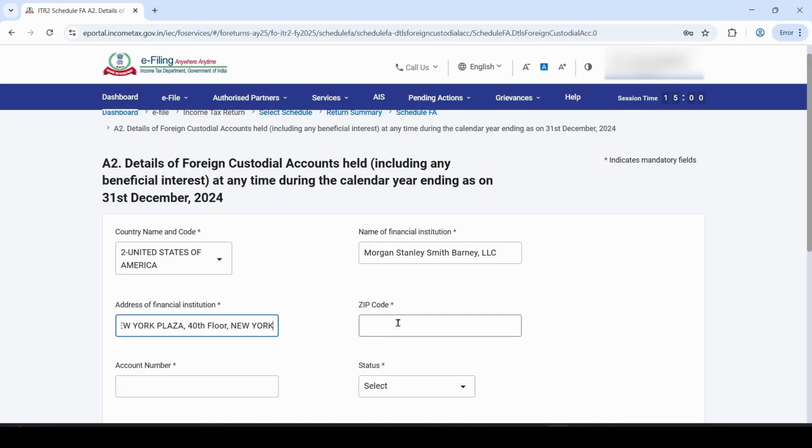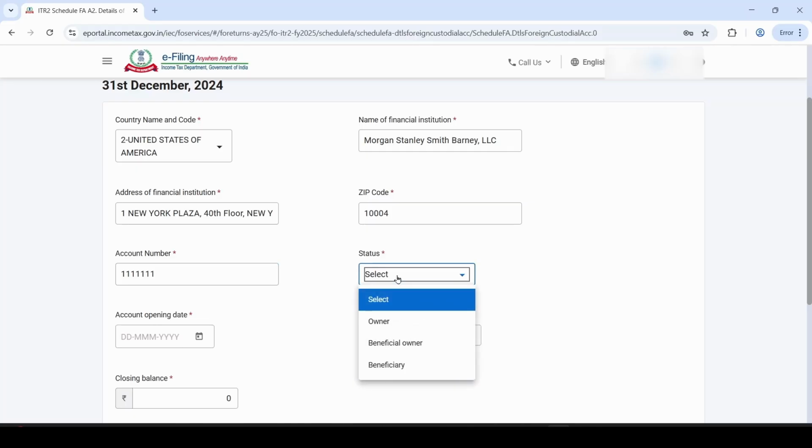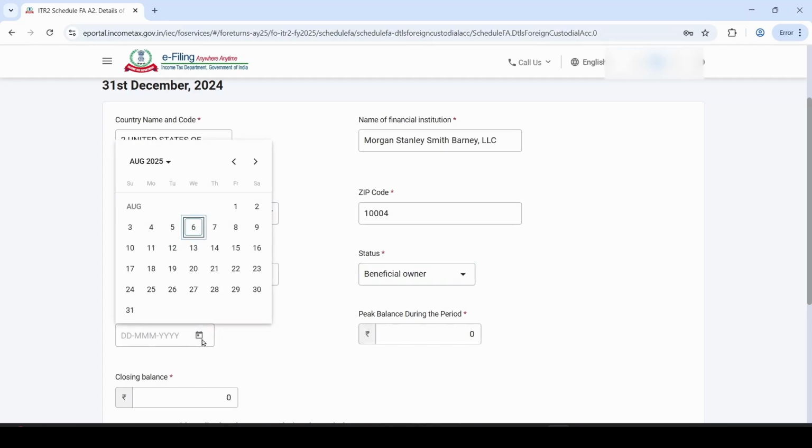So this is the address of broker. Provide the zip code. Provide your broker account number. So here I am providing dummy account number. Select status as a beneficial owner. Account opening date. Provide broker account opening date.